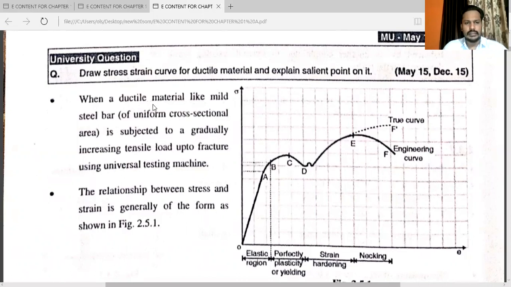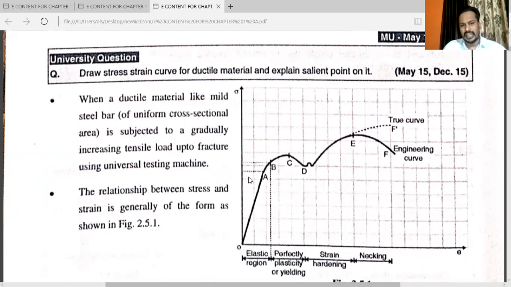When a ductile material like a mild steel bar of uniform cross-sectional area is subjected to a gradually increasing tensile load up to fracture using a universal testing machine, the relationship between stress and strain is generally of the form shown in the figure. In strength of materials, the universal testing machine is very important during the practical.